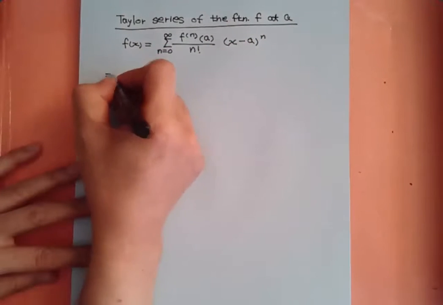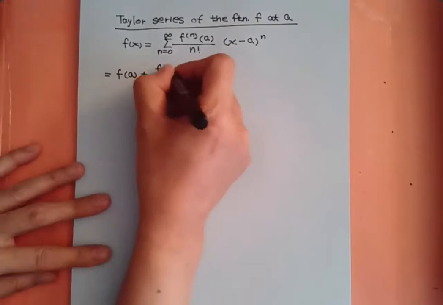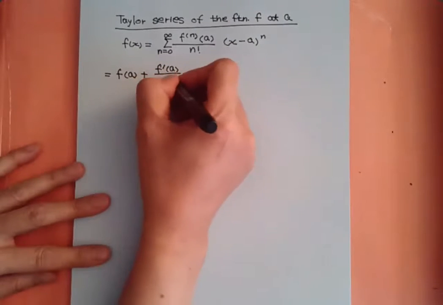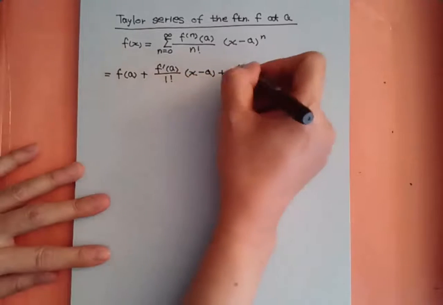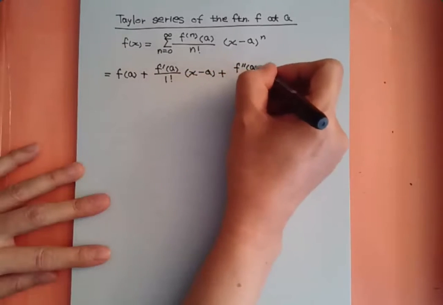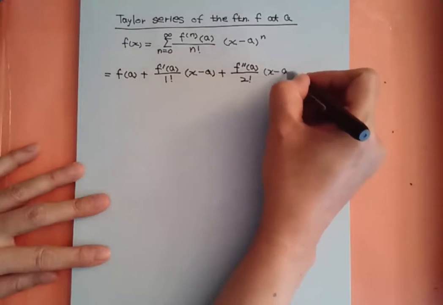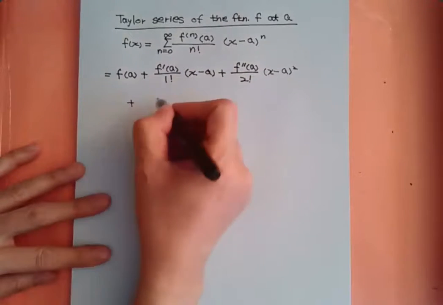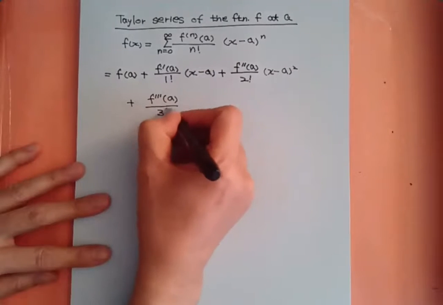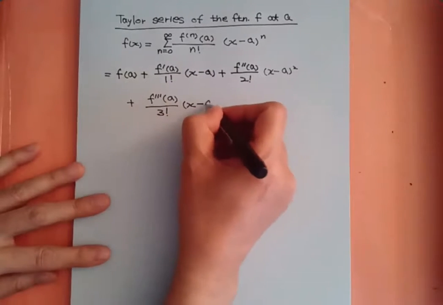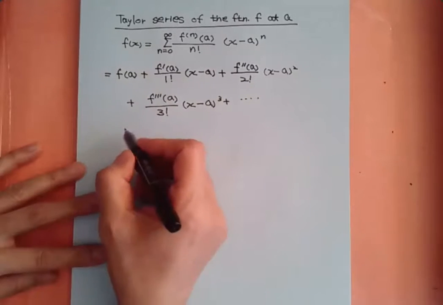If we expand that out, that becomes f of a plus f prime of a over 1 factorial times x minus a plus f double prime of a over 2 factorial times x minus a squared plus f triple prime of a over 3 factorial times x minus a cubed, and so on.